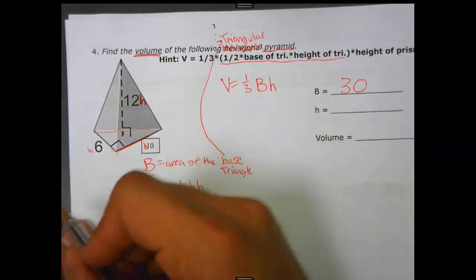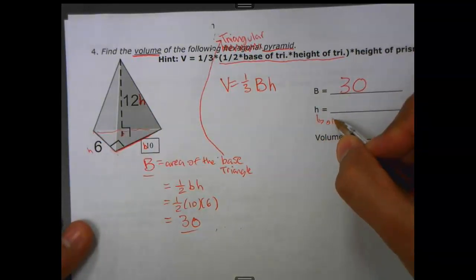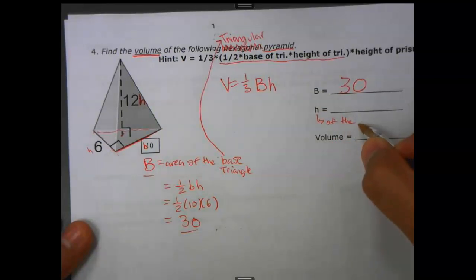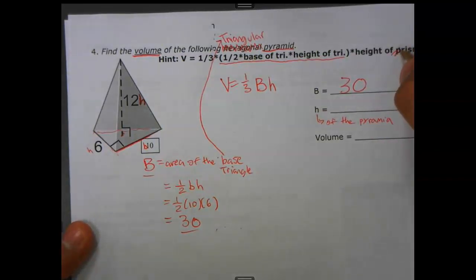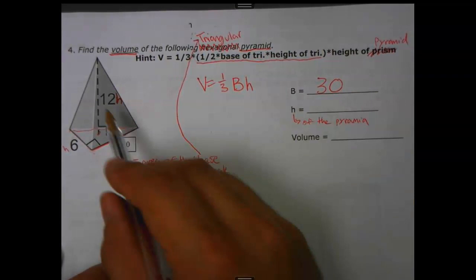Okay, so it's not 6. This is the height of the pyramid. This is another typo. My apologies for the typos. So all that to say, the height is 12.